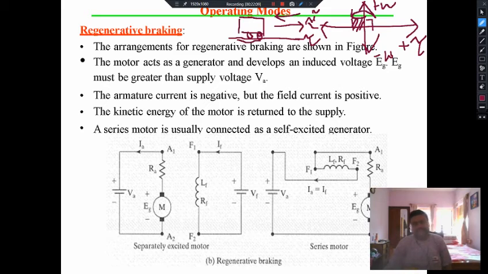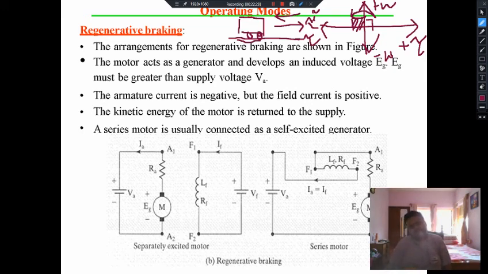So what they did, they devised one mechanism so that this electric power, instead of getting wasted in the railway track, will be sent back to the power supply.